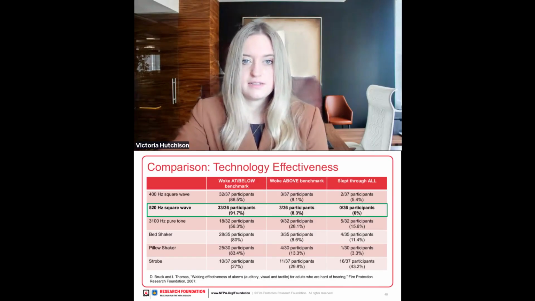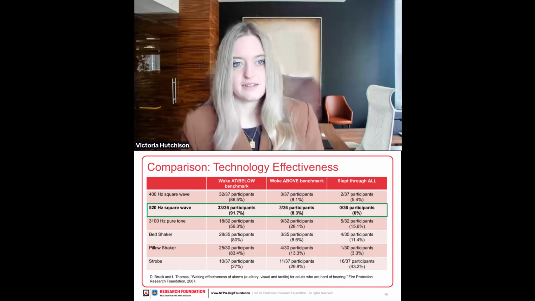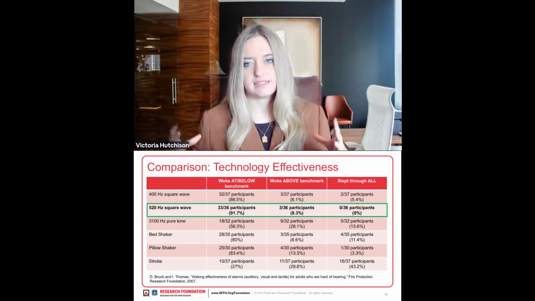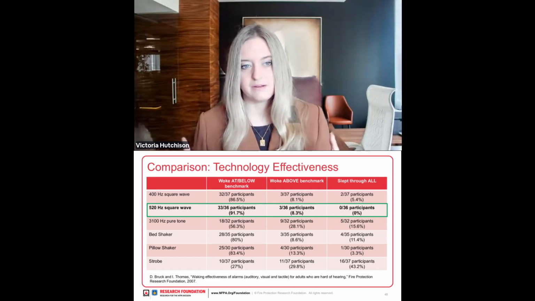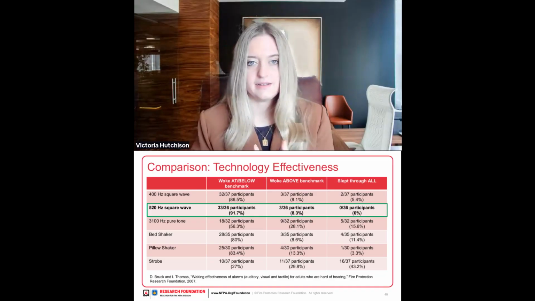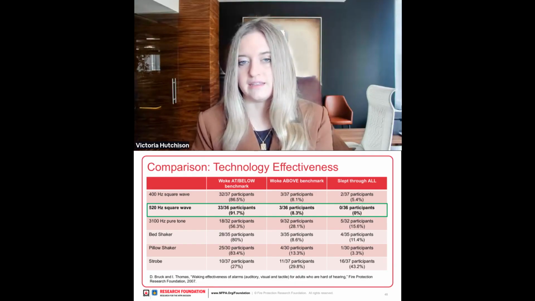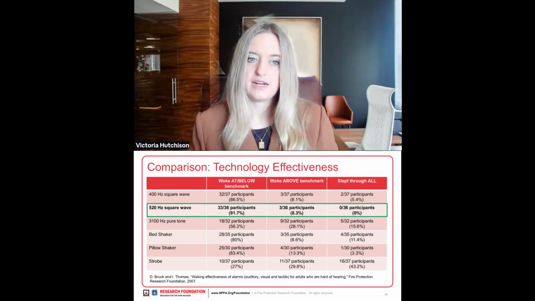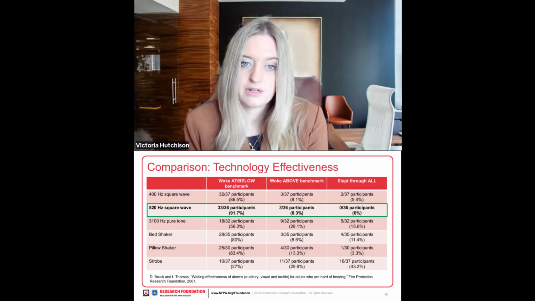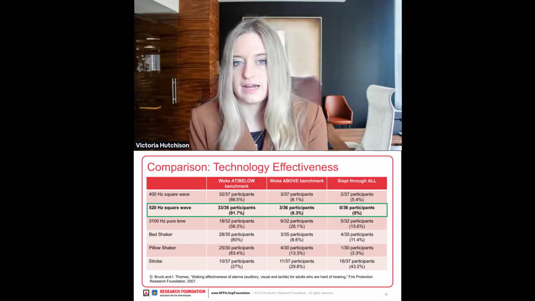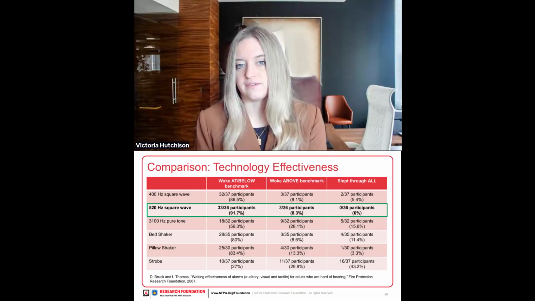So, bringing this back together, this is a study that compared all of these together. The main ones that we looked at were the high frequency, the low frequency, bed and pillow shaker, and strobe lights. What you see, at that core threshold that's in the codes and standards, is that the 520 hertz low frequency square wave did overall have the greatest waking effectiveness.